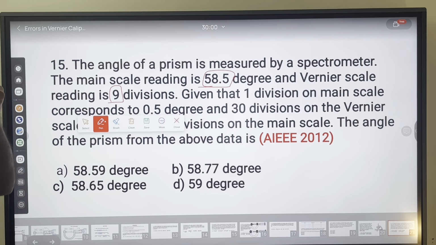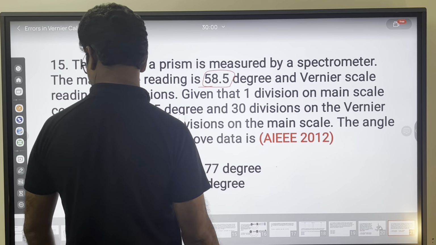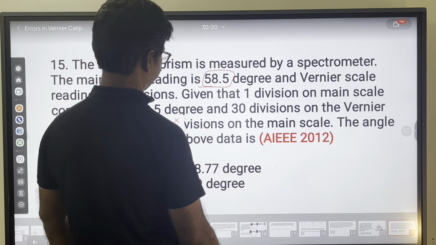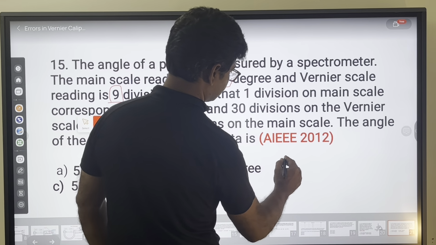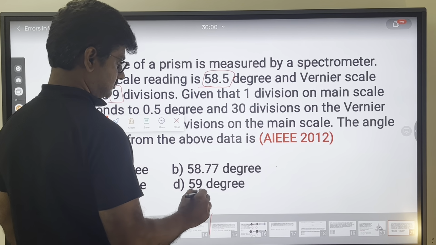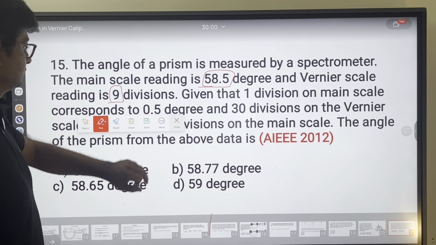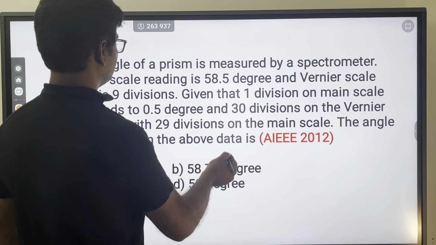You have to find the angle. So what is the concept? How to do this now?